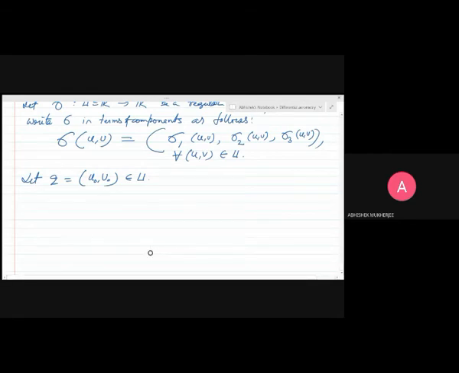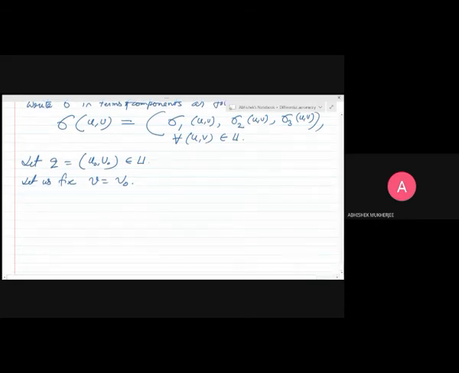Then let us fix V equal to V naught. With respect to this assumption, we see that the tangent vector to the curve u goes to (u, v naught).